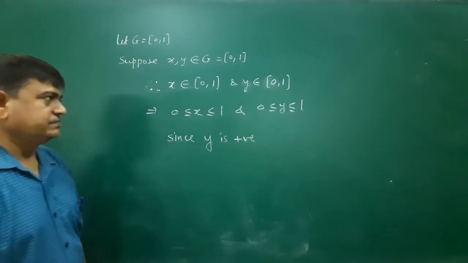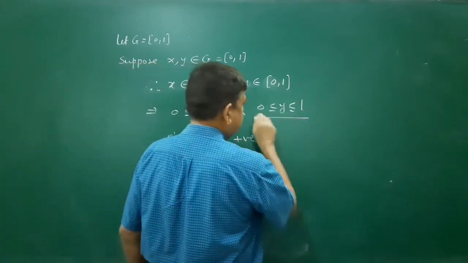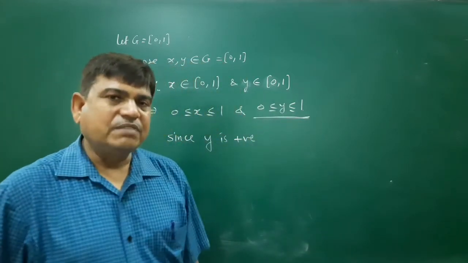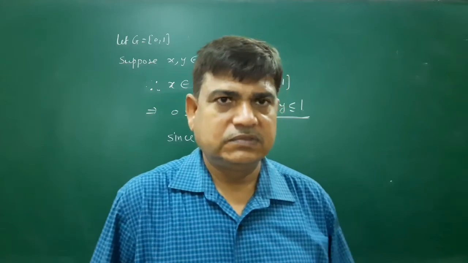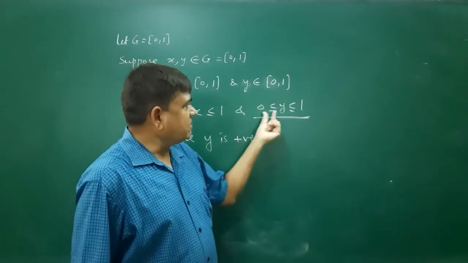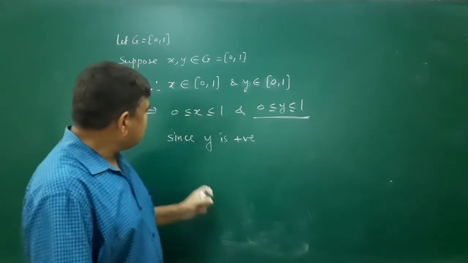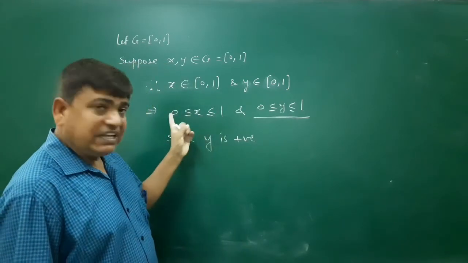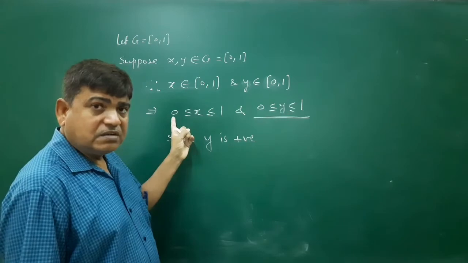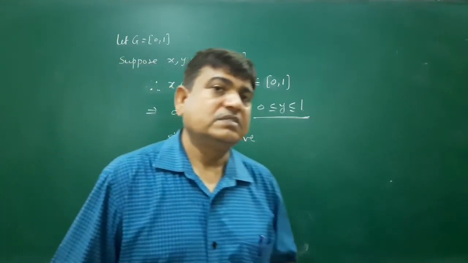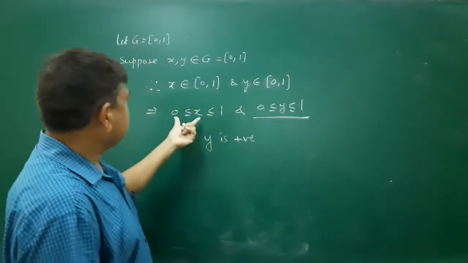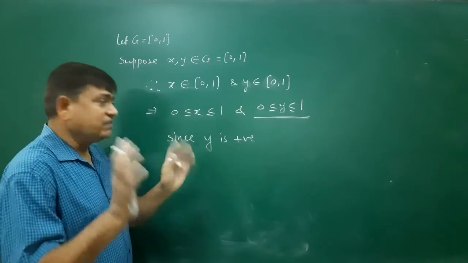Positive. Look at this. Y is lying between 0 and 1. So y is positive, may be equal to 1, may be equal to 0, that is a different thing. So if we multiply any inequality by a positive number, then the sign of the inequality does not reverse.